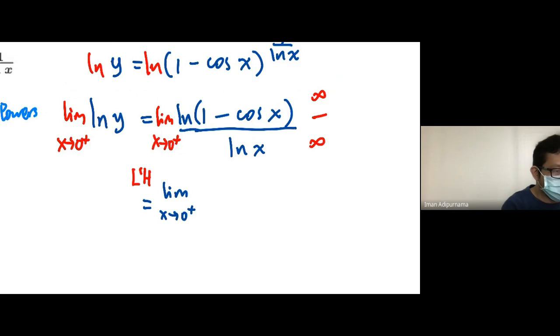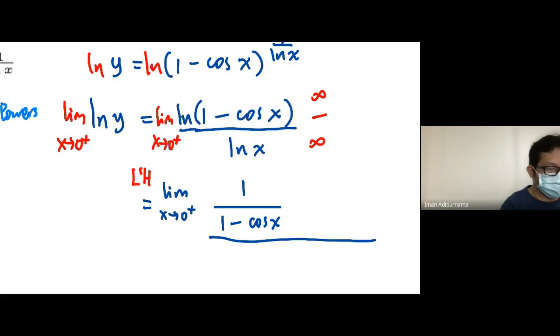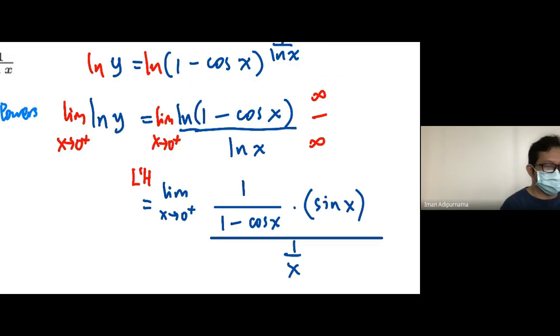So it will be 1 over 1 minus cos x, this will be 1 over x, and this will be sine x.